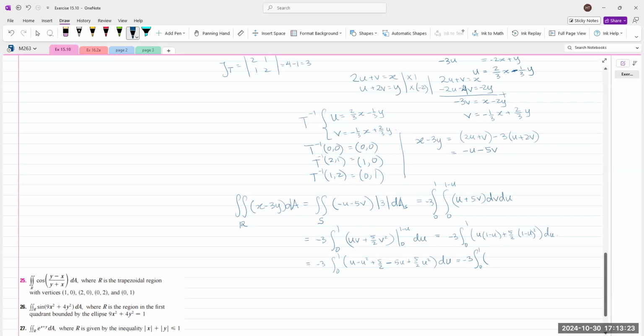That will be 3 half u squared minus 4u plus 5 half du. That will be negative 3 times 1 half minus 4, minus 2 plus 5 half.